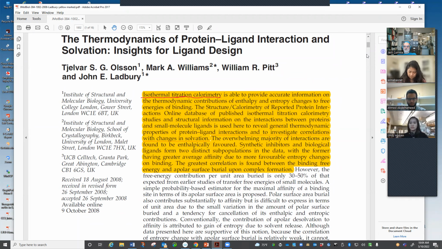ITC in principle is the best way to measure enthalpies and affinities, K and delta H. And then from K, you can get delta G, and then from delta G and delta H, you can get delta S. And it tends to have less systematic influences on the data.